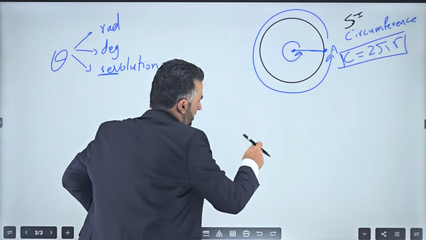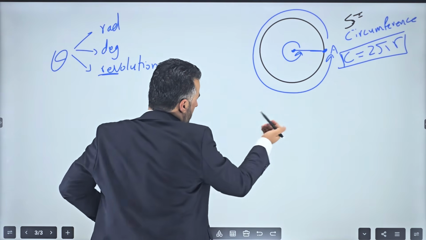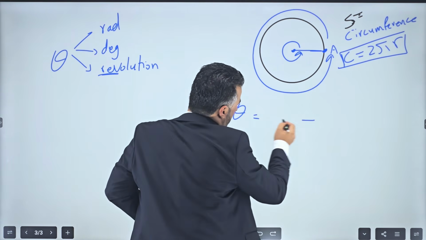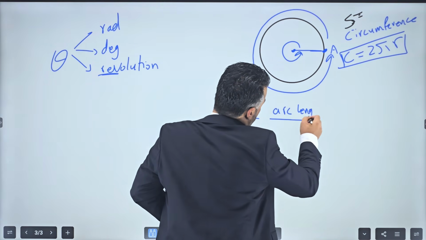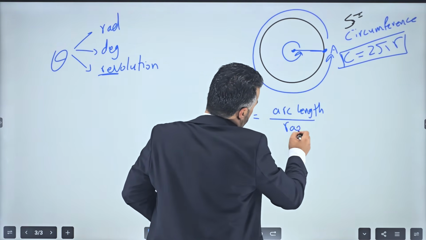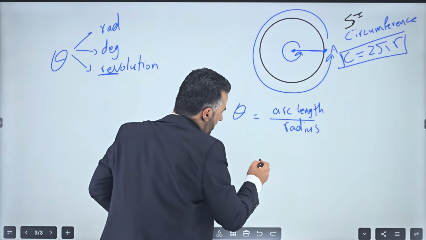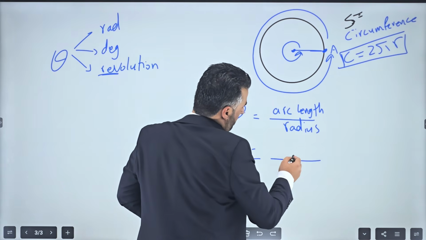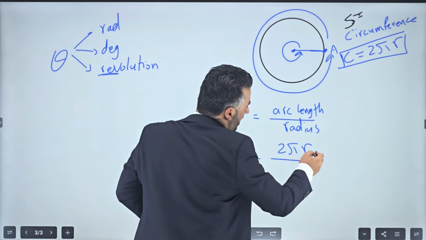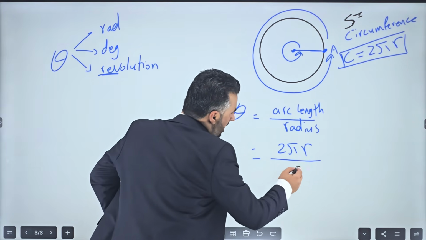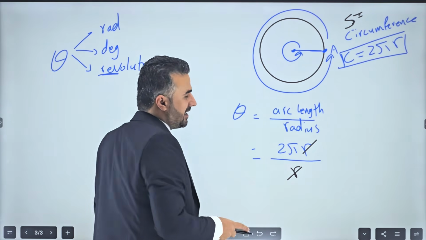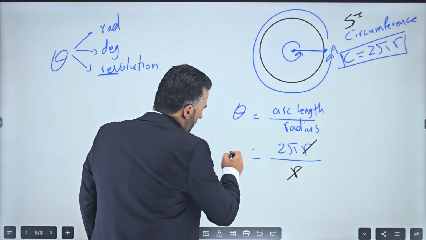But if I want to find the theta here, the angle that is covered by the object, we'll say it is equal to the arc length divided by the radius, yes? But what is the arc length here? It is equal to the circumference, which is equal to 2 pi r, and then divided by the radius. No matter what the radius is, this r will cancel out. So what is the angle theta now?